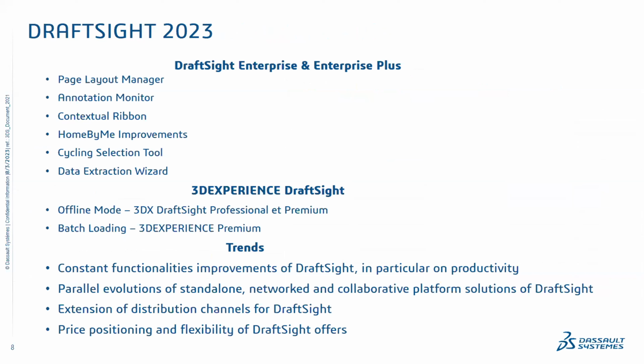If you need just a replacement for your AutoCAD LT solution, then you always can choose DraftSight Enterprise or Enterprise Plus. At the same time, we're improving our functionality of DraftSight every year. Every year there is a new version, and always you can benefit from new features.